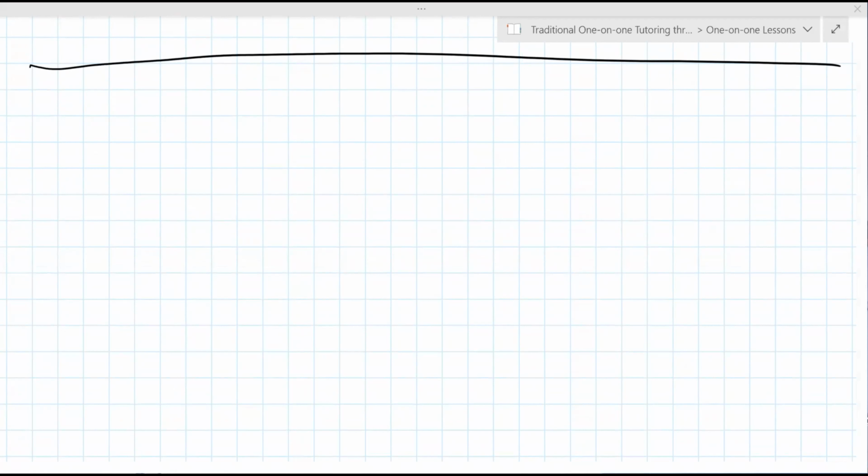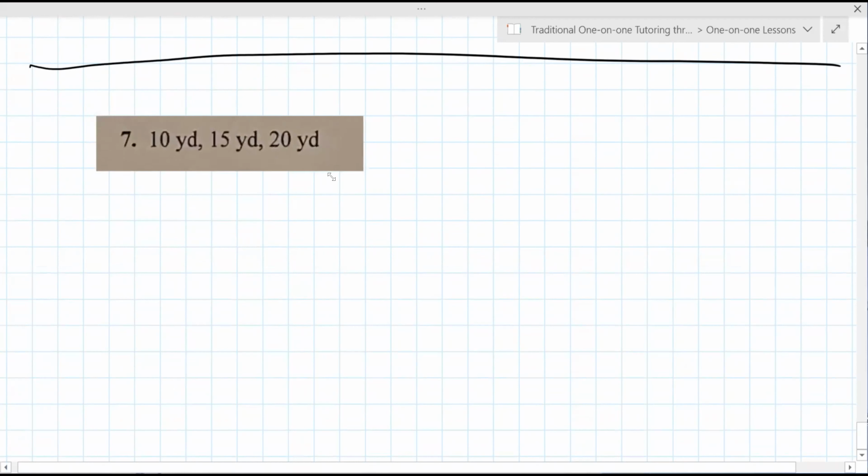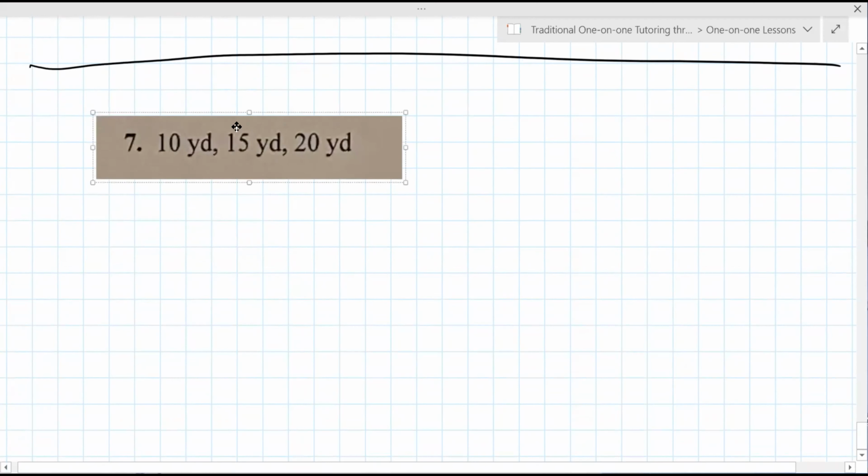So the question 7, 8, 9, it's like this. We want to use these numbers for a right triangle, but we don't know if they work. Here's how you know. The two smaller numbers are A and B, and C is the larger number.